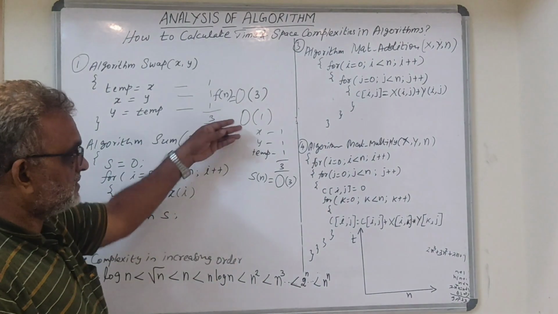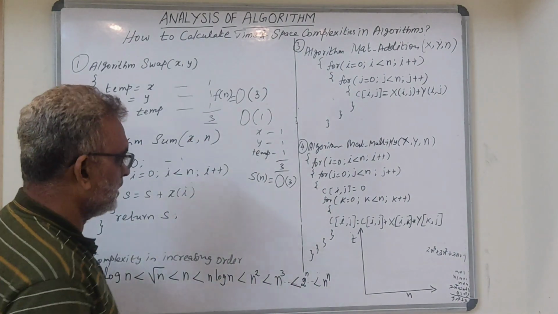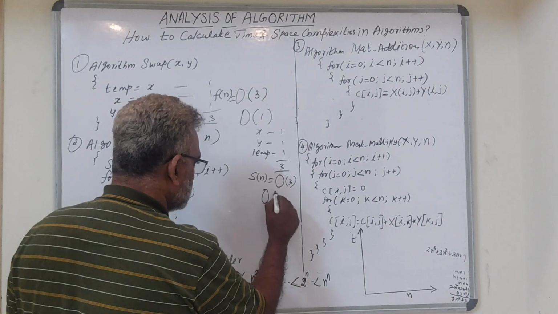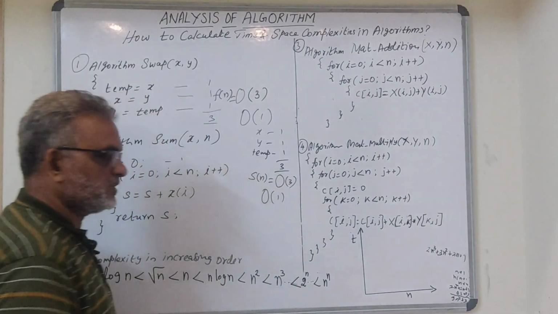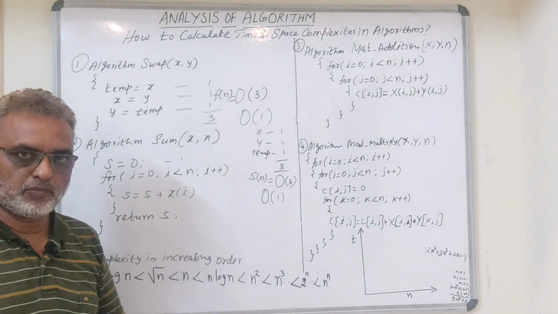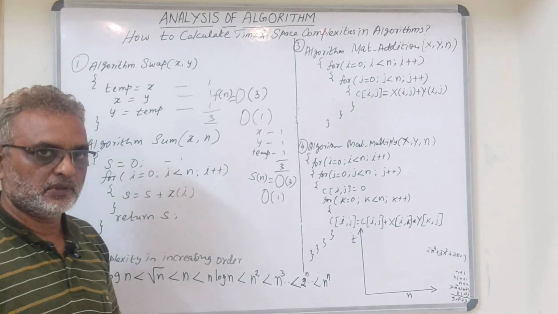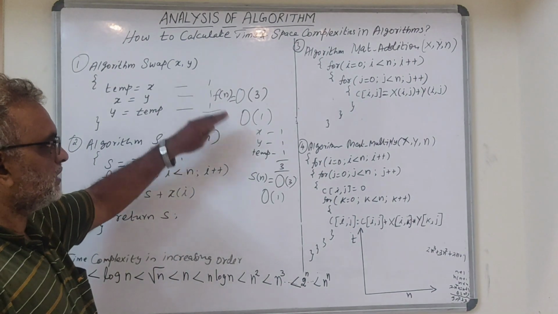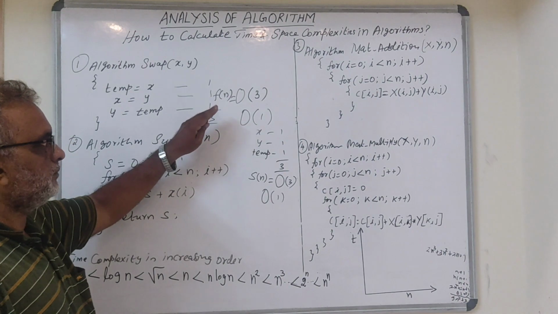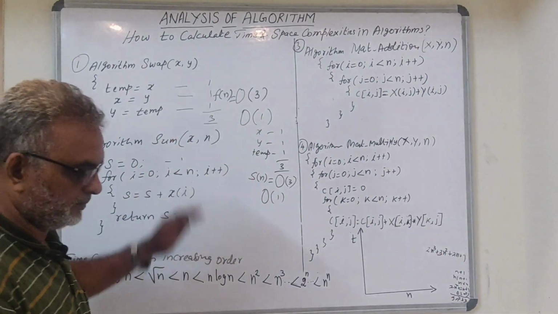As in the previous one, this can also be written as order of 1, which is the minimum constant. So this is how to calculate the time and space complexity.